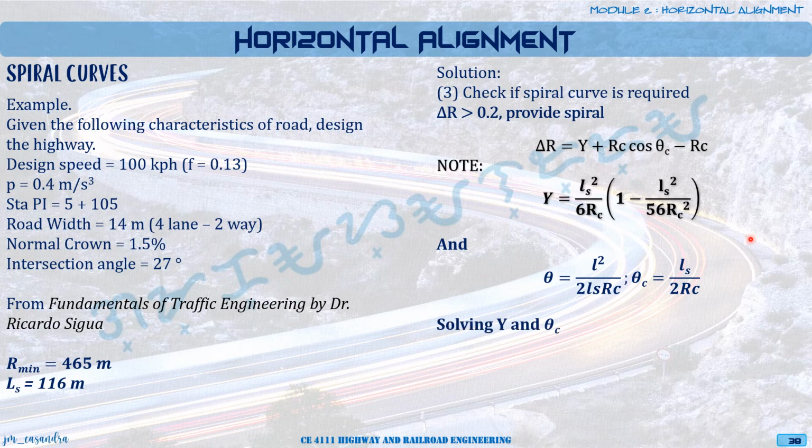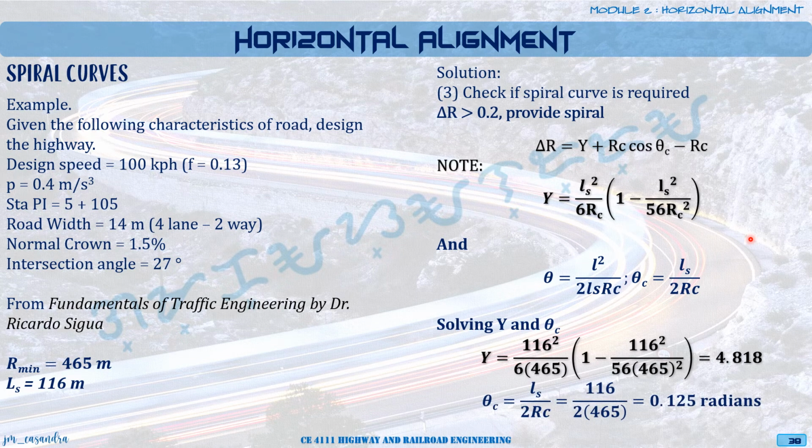So computing now for y and theta C, we will have y equal to 4.818 and theta will be 0.125 radians. And if you're going to apply the value of theta in the equation of delta r, please don't forget to convert this to degrees.